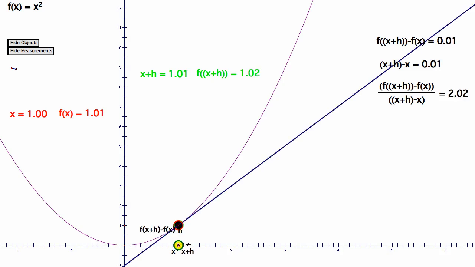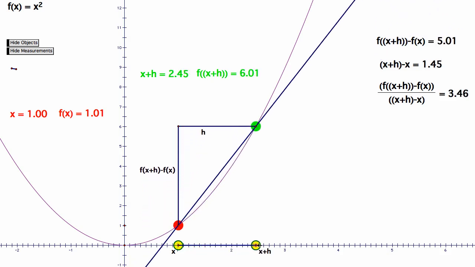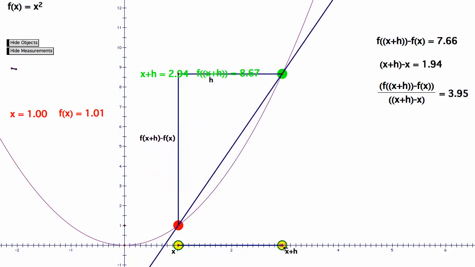Well, it turns out the slope of this tangent line is right around 2. So we would say that the derivative of x squared at 1 is equal to 2. Now it's not 2.02. You have to understand that there's some rounding error occurring here in this sketch. What about the derivative at 3?